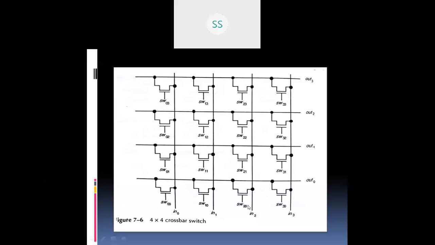Similarly, for the next column, it is 2, 0, 2, 1, 2, 2, 2, 3, meaning second input with 0th output line, second input with first output line, second input with second output line, and second input with third output. Similarly, for all 16 switches we have the switching lines from SW00 to SW33.